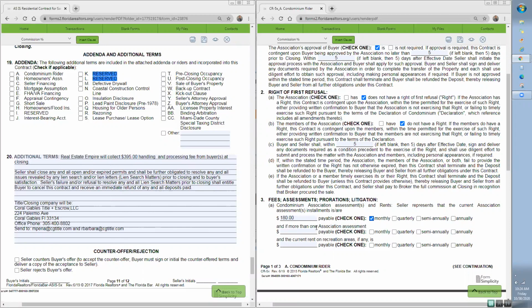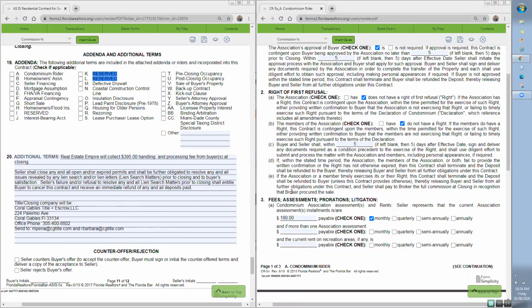The second one talks about association assessments, okay? These are assessments that the association applies on owners of the property. It's possible we don't know if there's an assessment, but we will find out if there's an assessment once we do the application, once the owner sends us the documentation for the association, including what type of assessment there is, right?